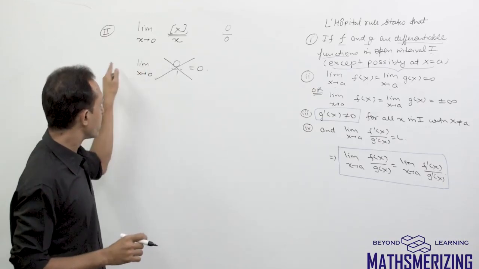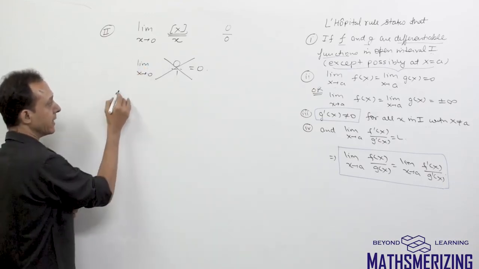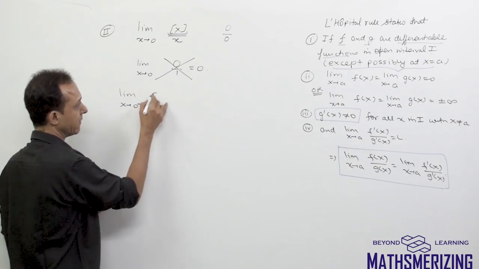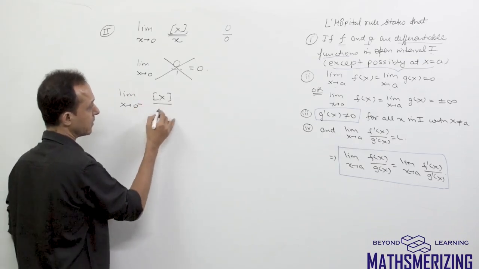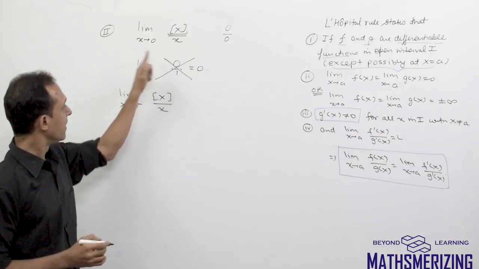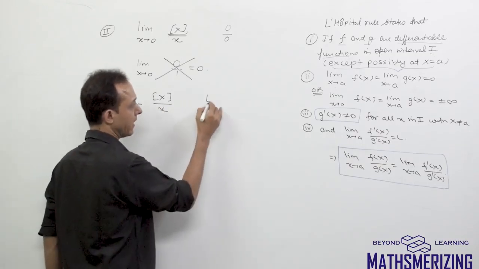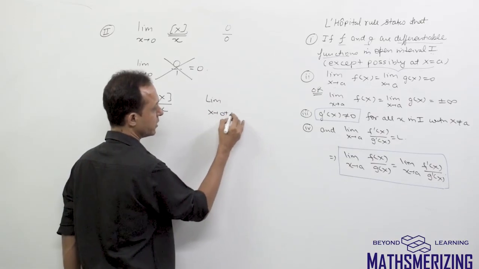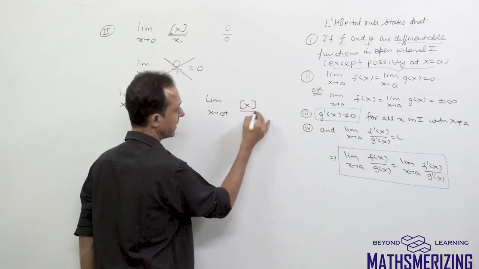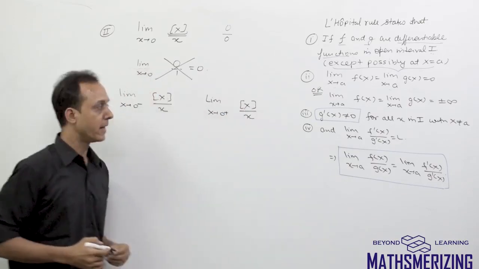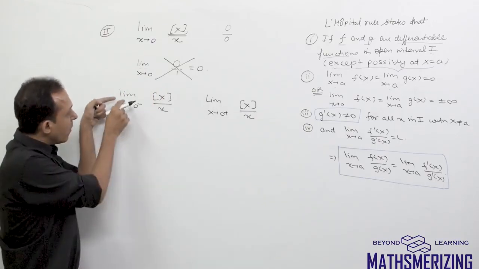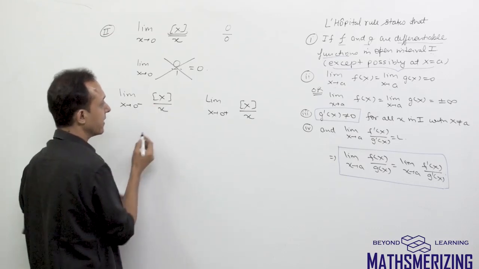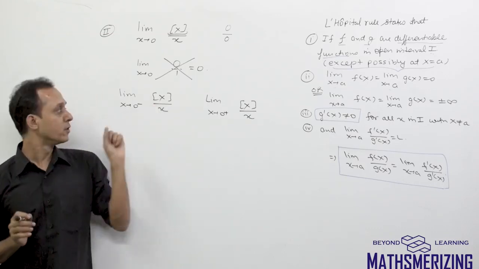So what I can actually do is write this limit as the limit x tends to 0 negative, greatest integer function of x upon x, which is its left hand limit, and I can write its right hand limit, which is limit x tends to 0 positive, greatest integer function of x upon x. Now when x tends to 0 negative, what is the greatest integer function of 0 negative?